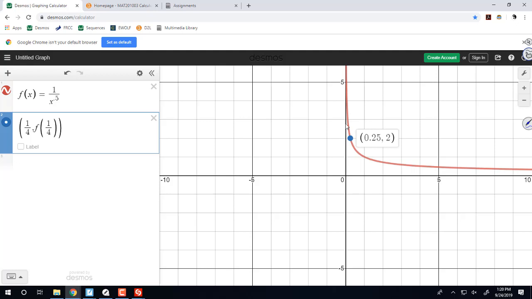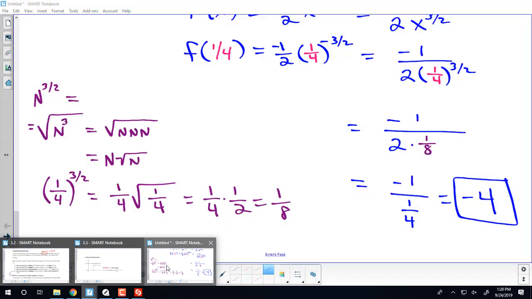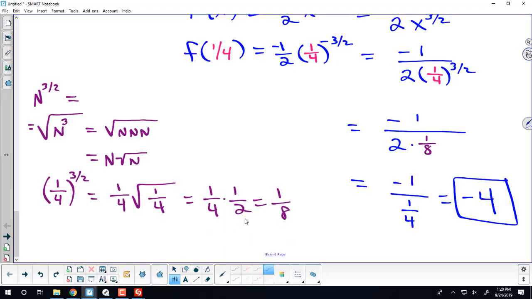The slope of the tangent line is negative 4. That was all of that work to find that. I promise once we look at shortcuts from 3.3 and a lot of sections onward, finding derivatives will be a lot easier. You still have to remember how to take a derivative depending on what the function is, but we move away from computing this limit of the difference quotient, and it makes things a lot easier.